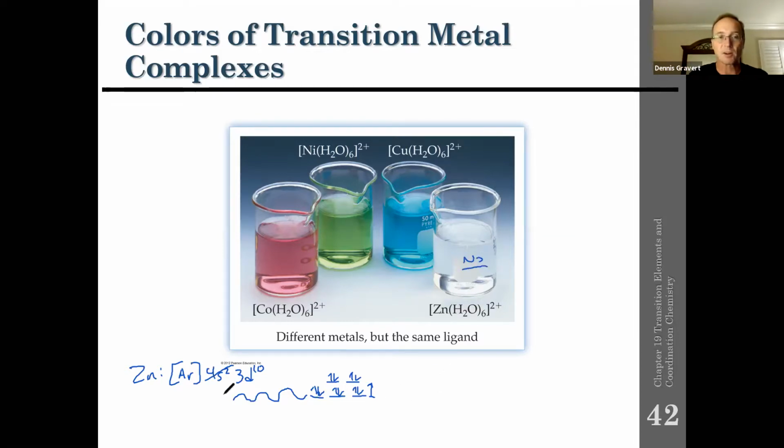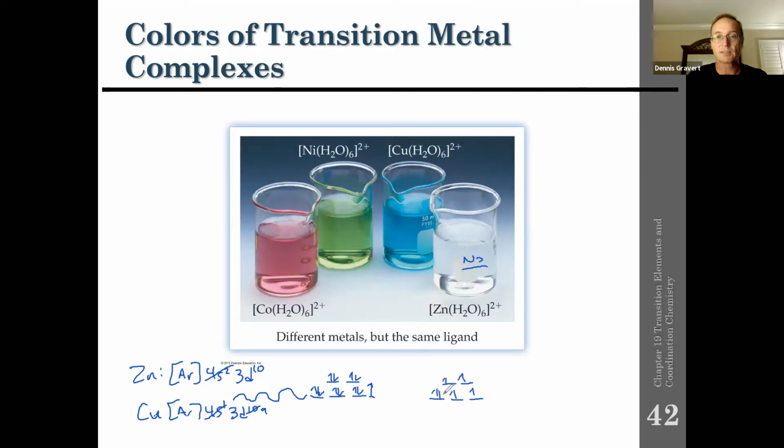For copper, remember copper is the exception. It had 4s1, 3d10, but this is copper 2+. So take out the 4s and one of these, 3d9. Water's still the weak field, so the gap is small. Put in 9 electrons.